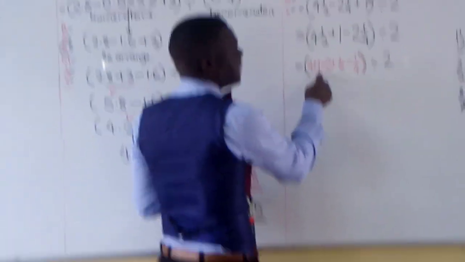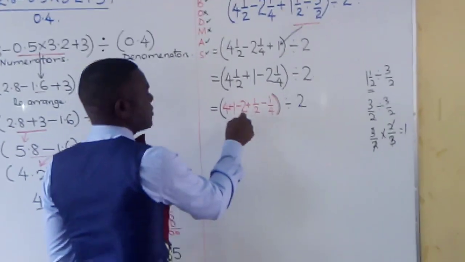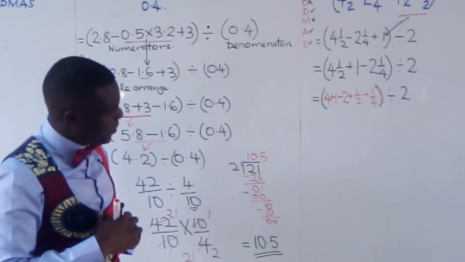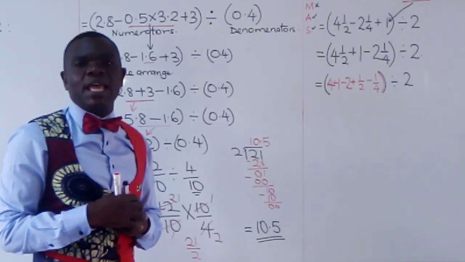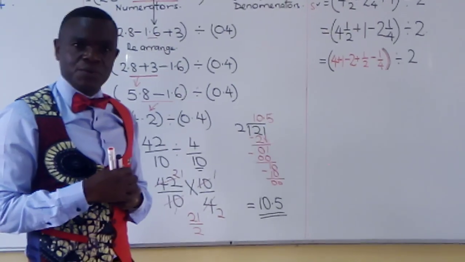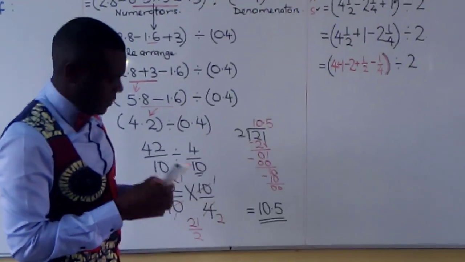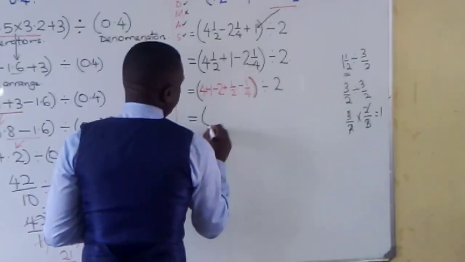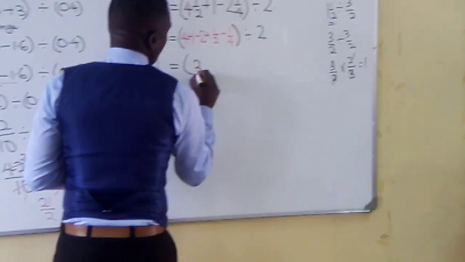So what is 4 plus 1 minus 2? Oleo. Correct. 4 plus 1 minus 2 is 3. Very good. The answer would be 3 whole.